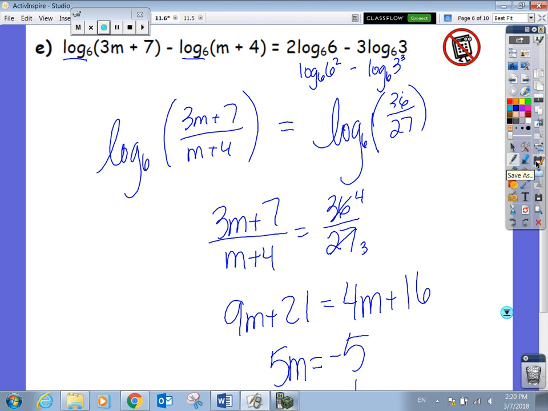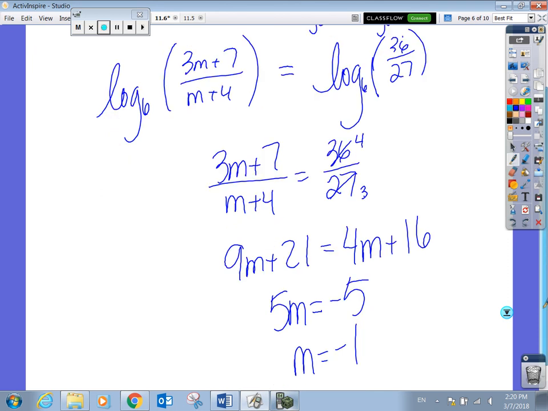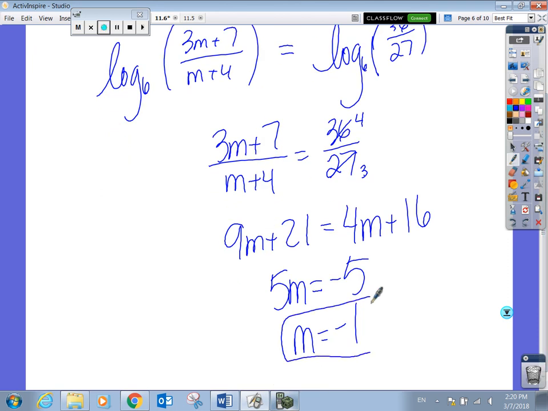Plug in negative 1, this argument is still positive. So negative 1 works. If that negative 1 had made any of the arguments negative, then it would be no solution. If it works everywhere, it's an answer. If it doesn't work everywhere, it's not an answer. If it works in one but not the other, it's still out, not a solution.